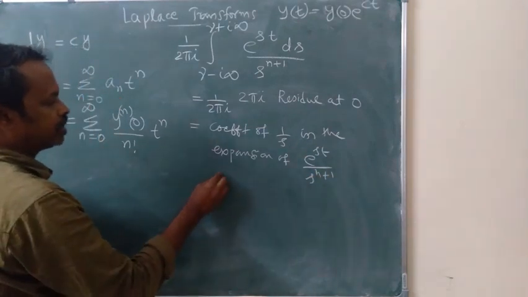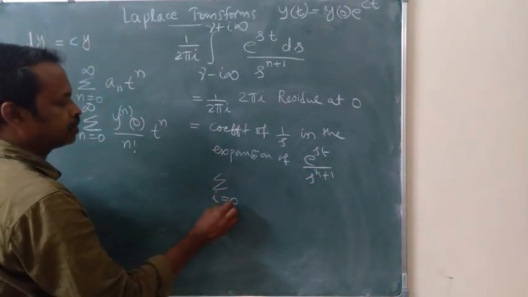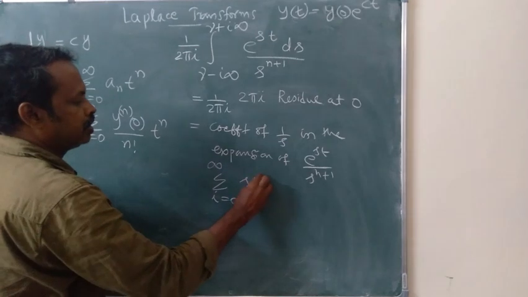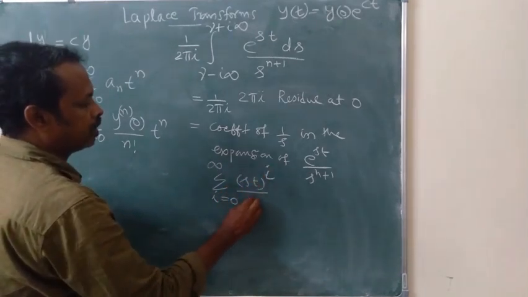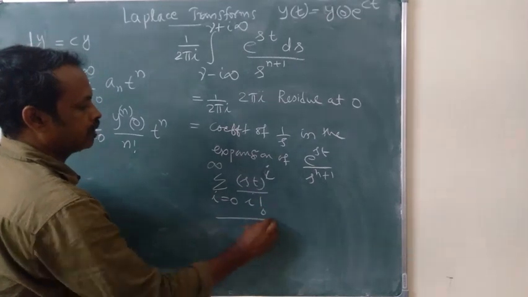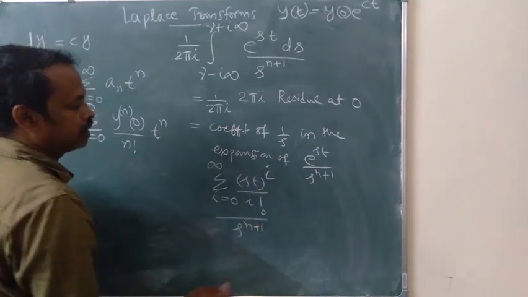So e^(st) we know is the sum from i equals 0 to infinity of (st)^i divided by i factorial, divided by s^(n+1).